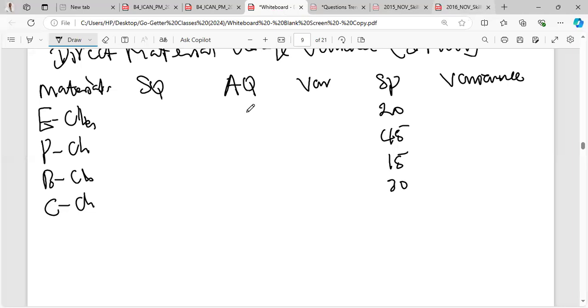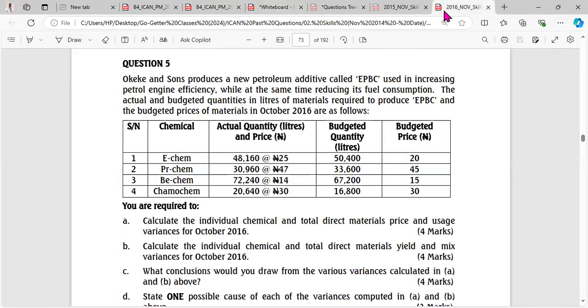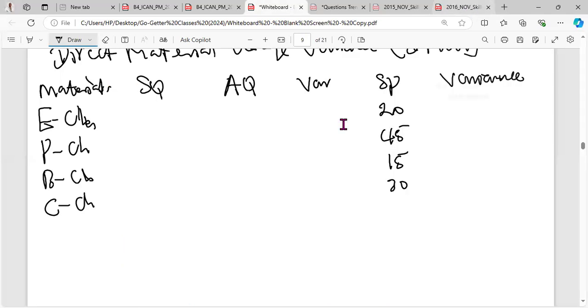Then we look at the actual quantities. You can get it easily.